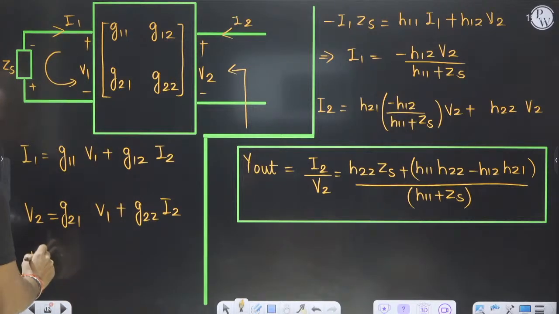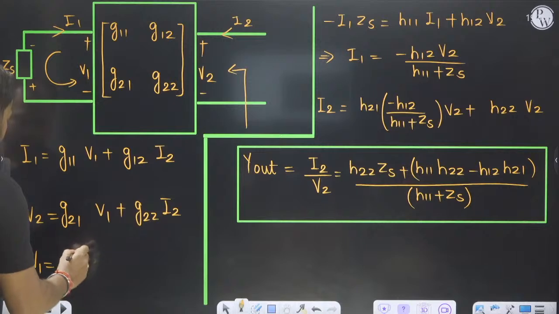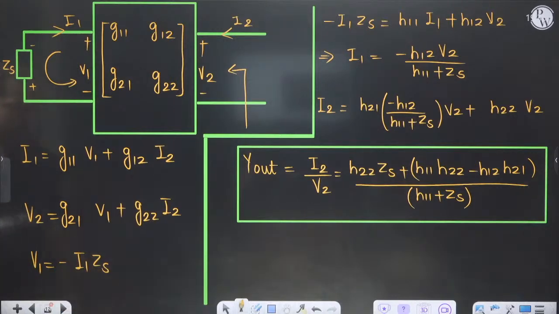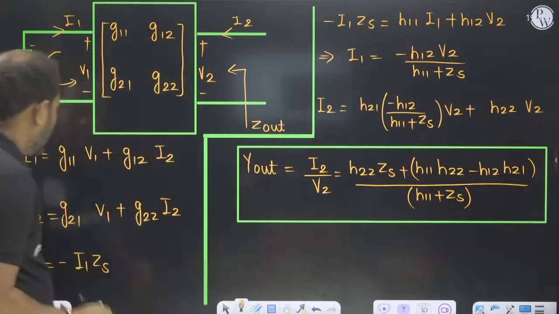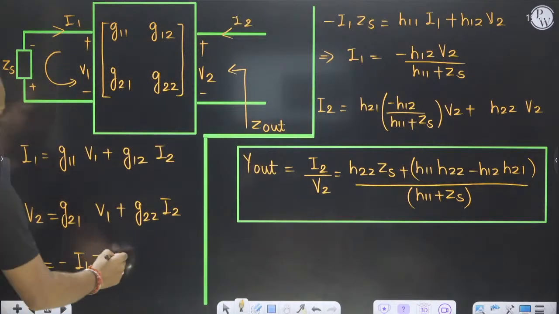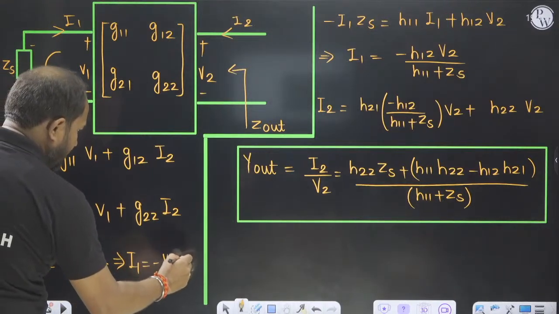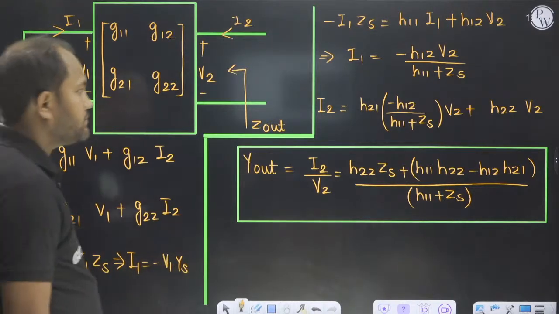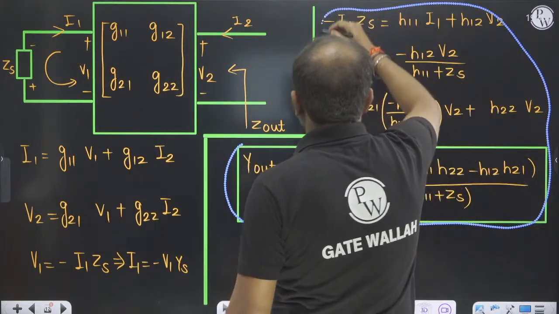KVL: V1 is equal to minus I1 into ZS. What are we going to find out? Z out. For Z out you have to find I1 equal to minus V1 into YS. Then you will find Z out easily.